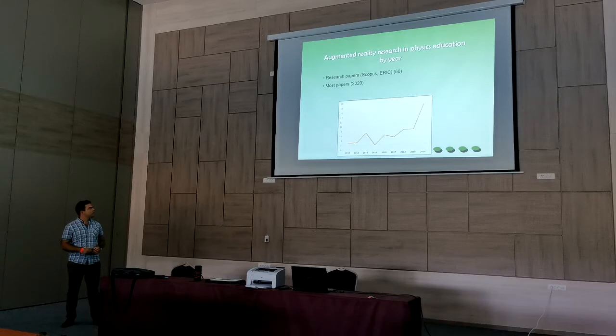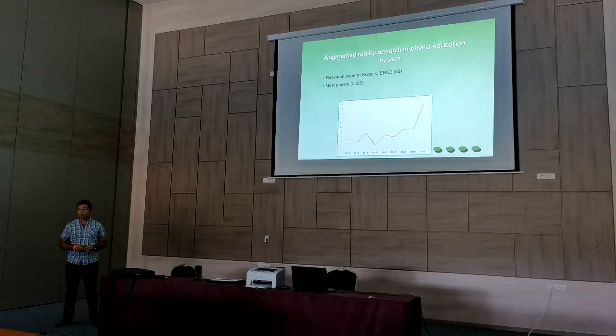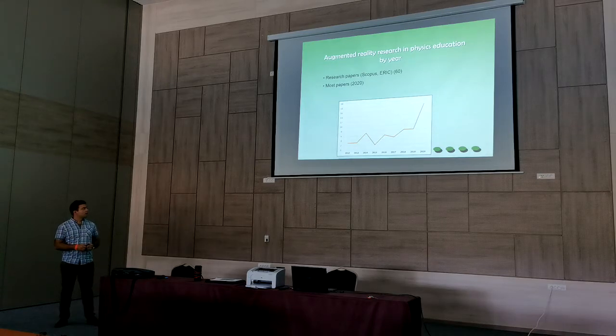You can see the graph here from 2012 to 2020. At first, there is a small number of articles. Why? We can argue that it is because of the availability of technology. Mobile devices are now more powerful and can run this kind of technology.